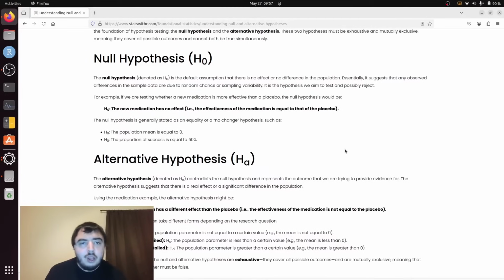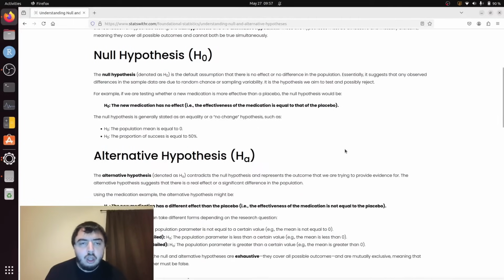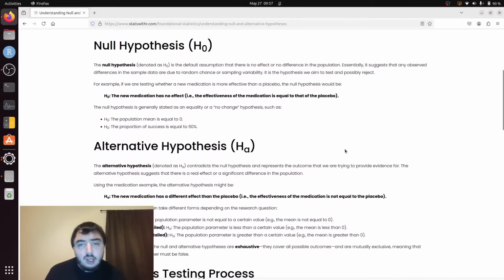But that's not what anyone ever does. If you are looking at a test between two groups, your null hypothesis is that they are not different. And in the alternative hypothesis, you're going to say some difference.